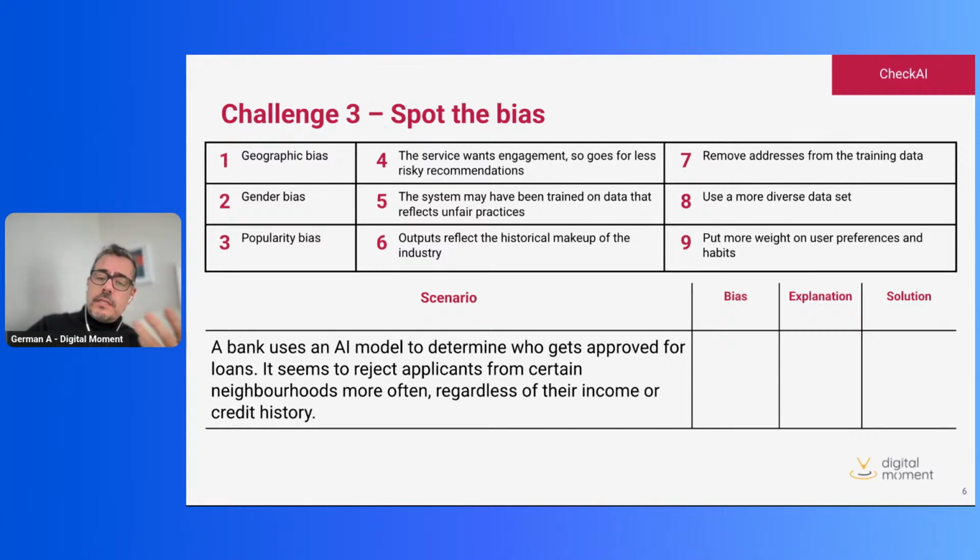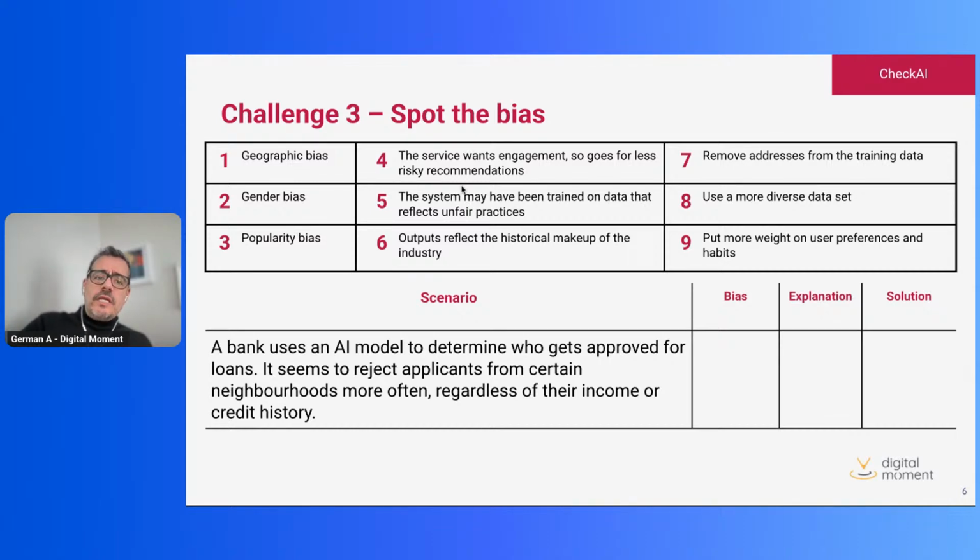So it involves a little bit more. And the bias, geographic bias, maybe it sounds like geography, yeah. Gender bias doesn't quite seem to fit that well, and popularity bias doesn't fit. So I will go with one, geography bias.